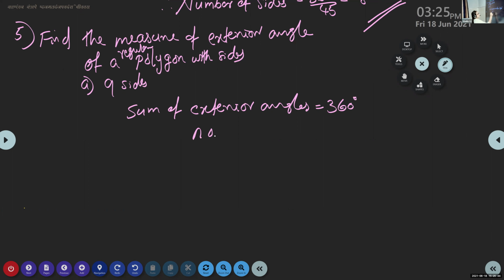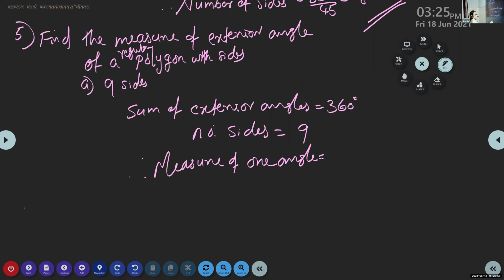Number of sides is equal to 9. Therefore, the measure of one angle is 360 divided by 9, which is 40 degrees.